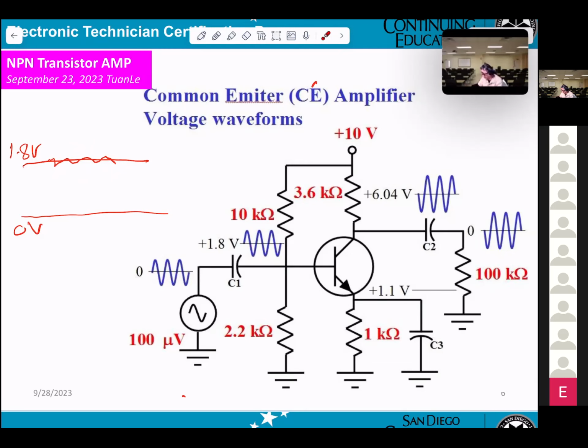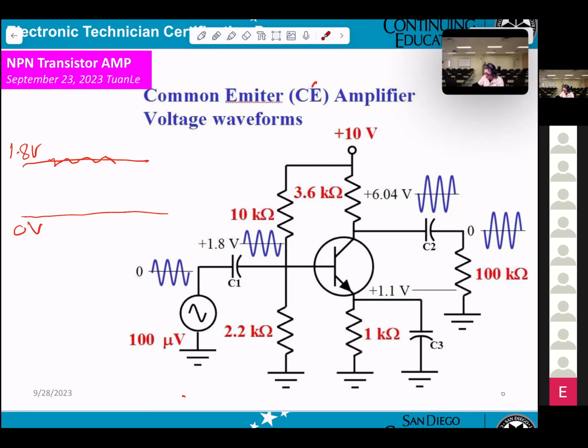However, at this point you get two voltages, 1.8 volt DC and also 100 microvolt AC. I want to measure this signal here. Who knows how to do it? Nobody knows? I'll tell you.